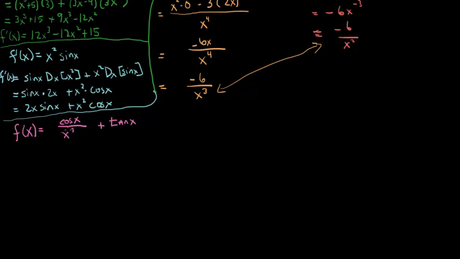So here, not only do we have a quotient, but we have a quotient plus another function. So we have a sum of two functions and a quotient to deal with.